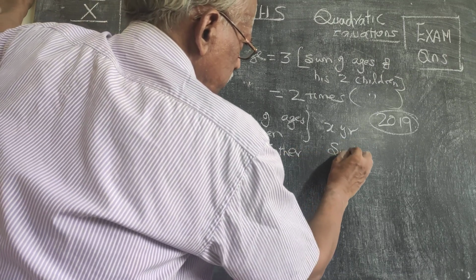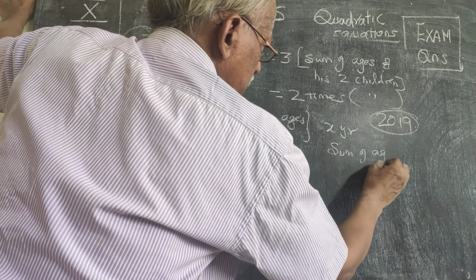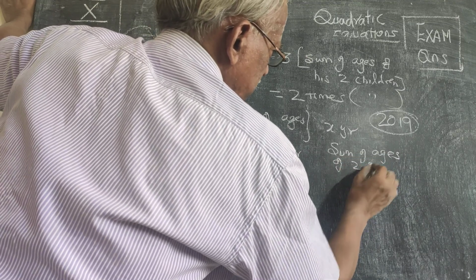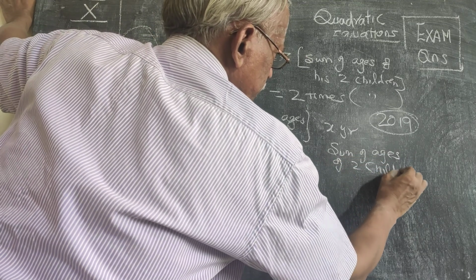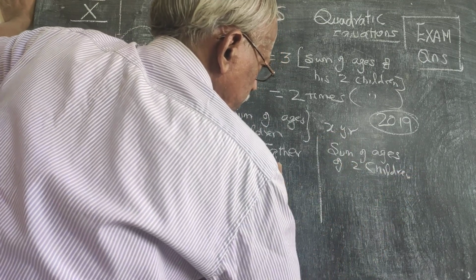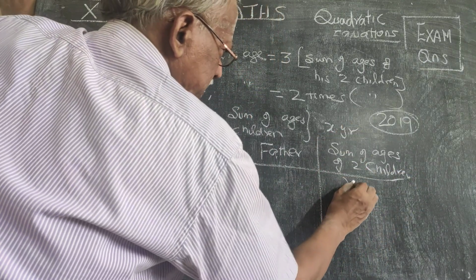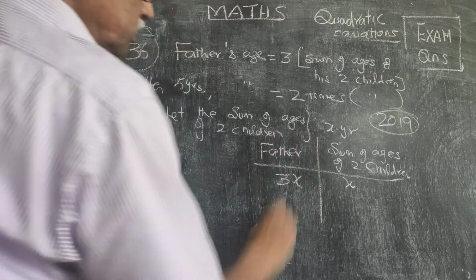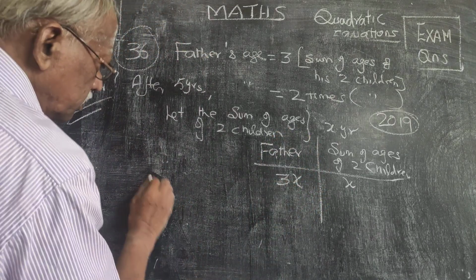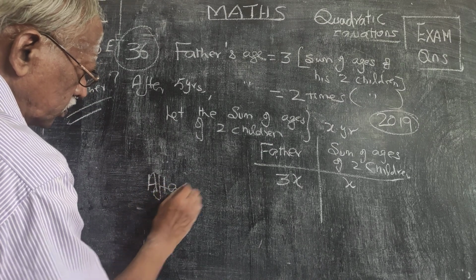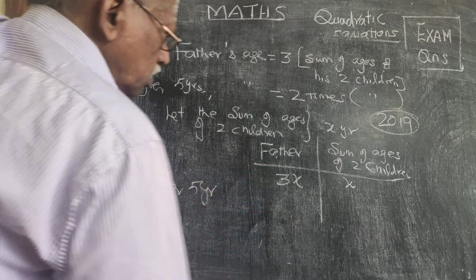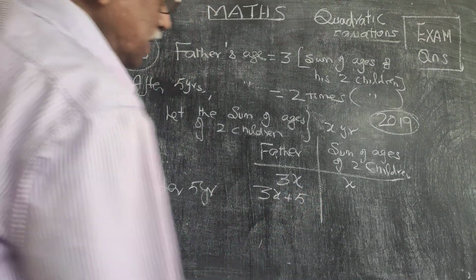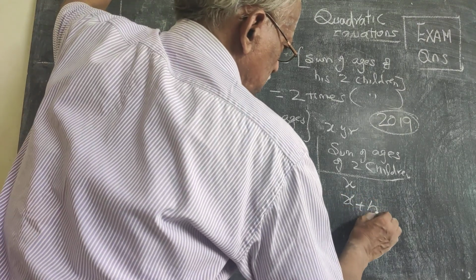This is the sum of ages of 2 sons or 2 children, which we have assumed as x years. Given father's age is 3x. After 5 years, father will be 3x plus 5 and the son will be x plus 5.